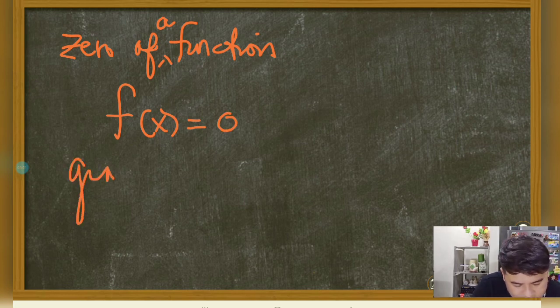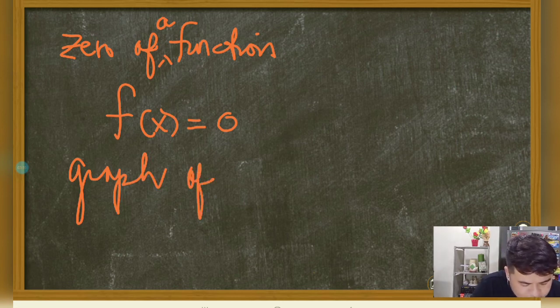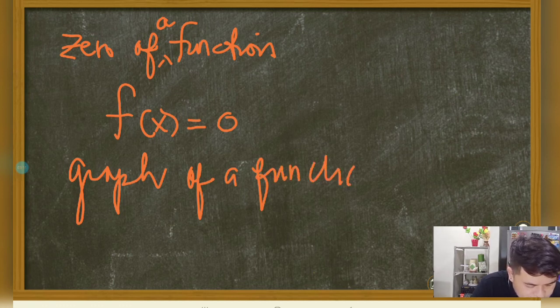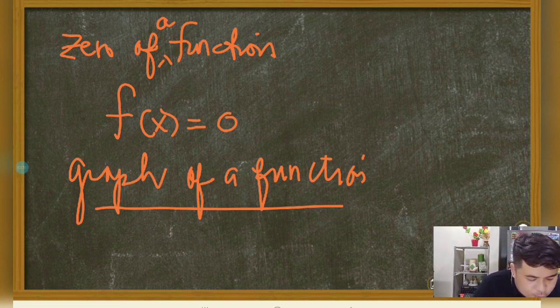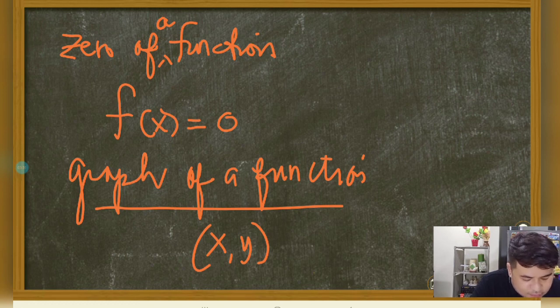What about the graph? This is only a review because I know we've taken this already. What about the graph of a function? Okay, so the graph of a function is the set of all points (x, y), an ordered pair also, in the Cartesian plane for which x and y are elements of the function.